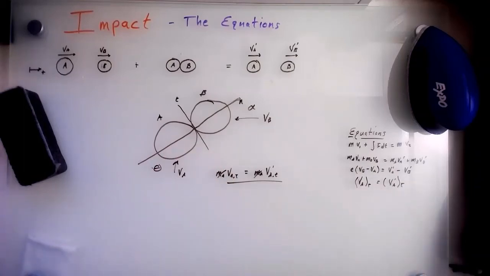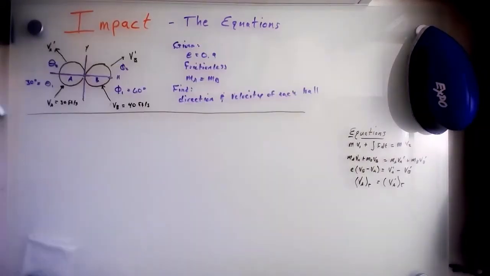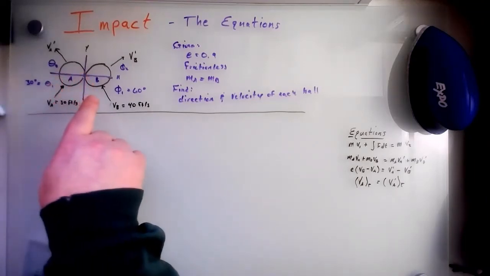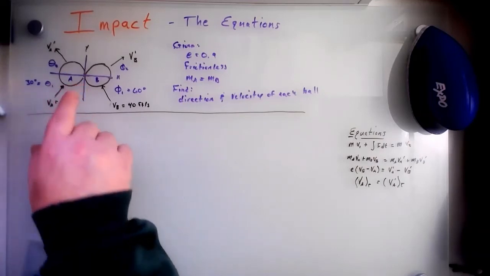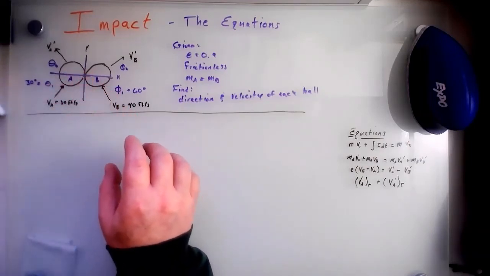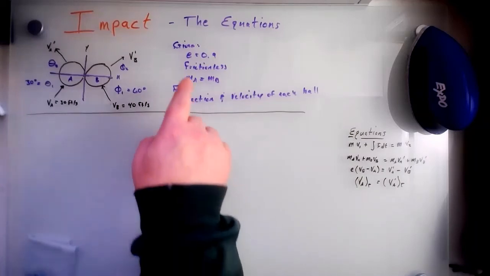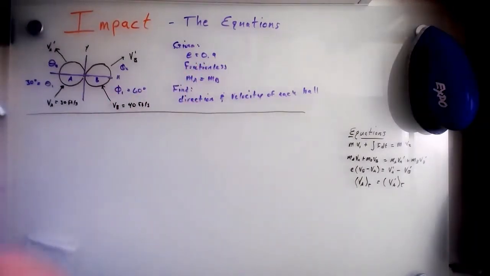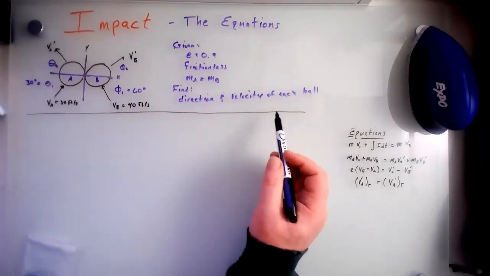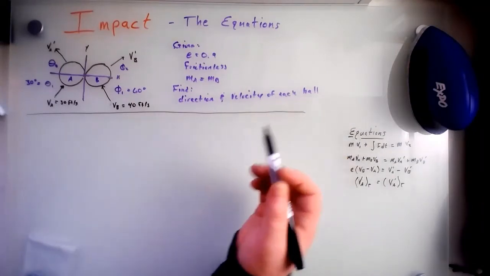So if we were to do a problem like this, we have this example problem, and we are given that identical balls, A and B, impact each other. They're frictionless, and they have a coefficient of restitution of 0.9, and we are asked to find the direction and velocity of each ball after the impact, right?